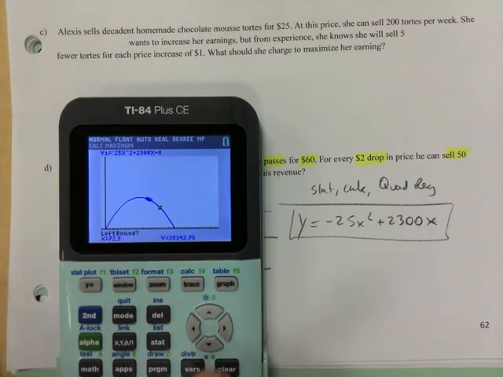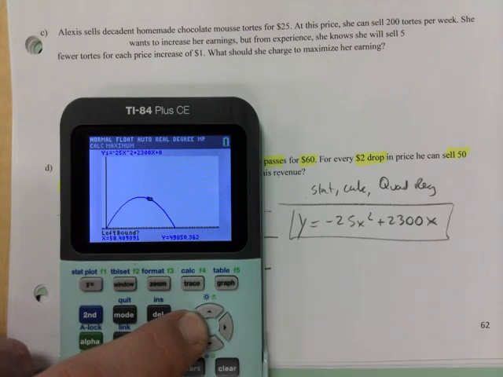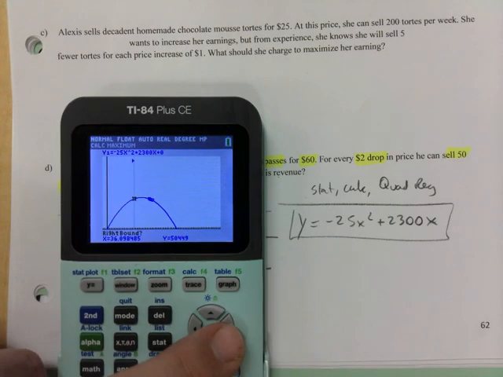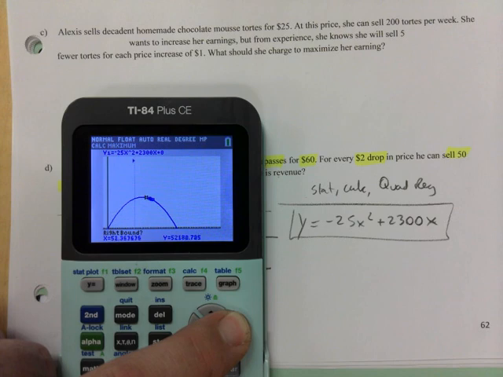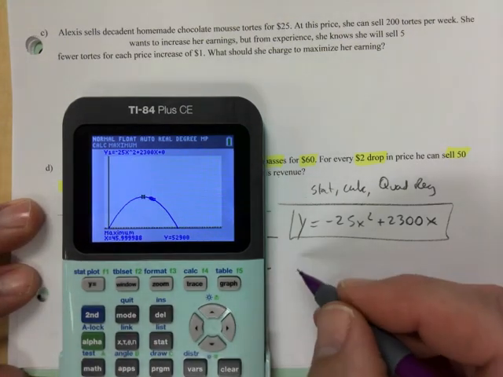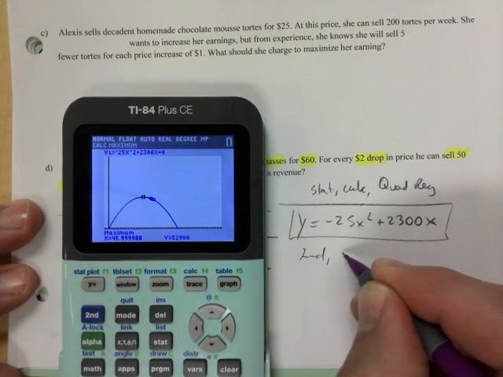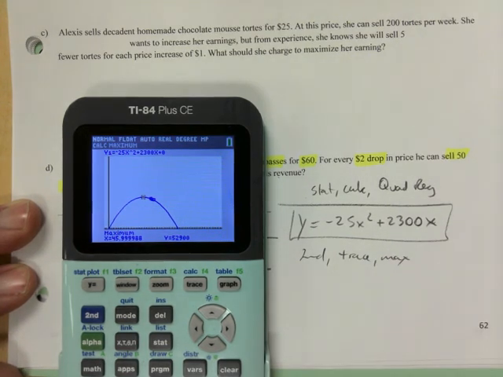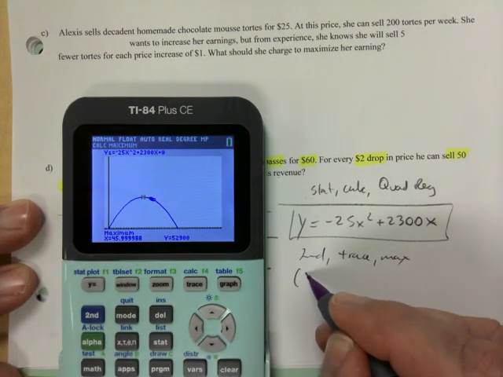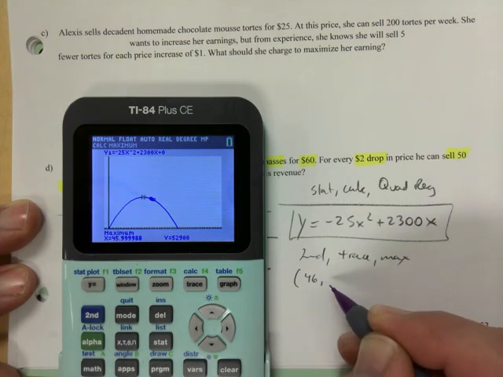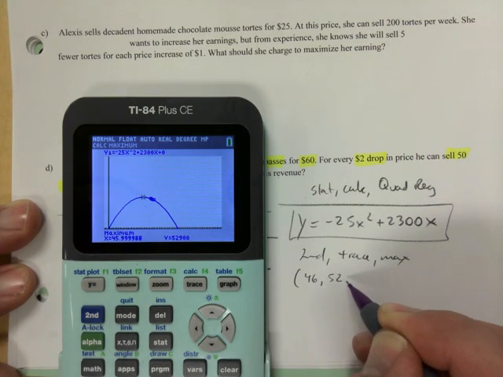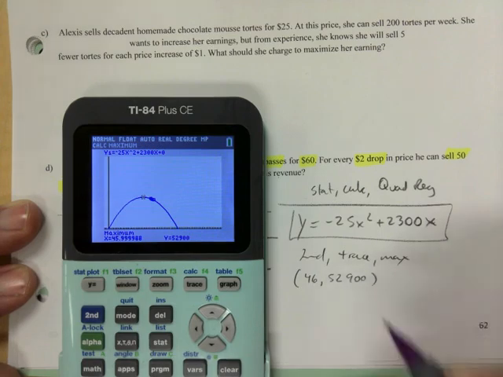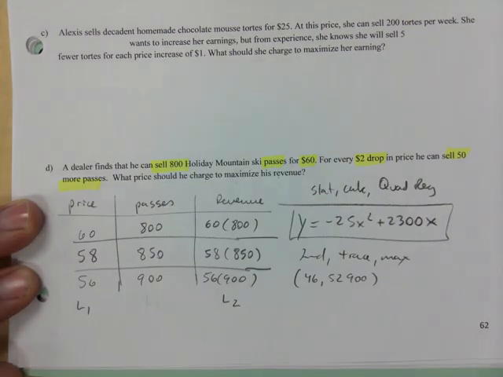Second trace max, right, for the maximum, because that's all we're asked for in this case. So second trace max, and that's 46 actually. 52,900.